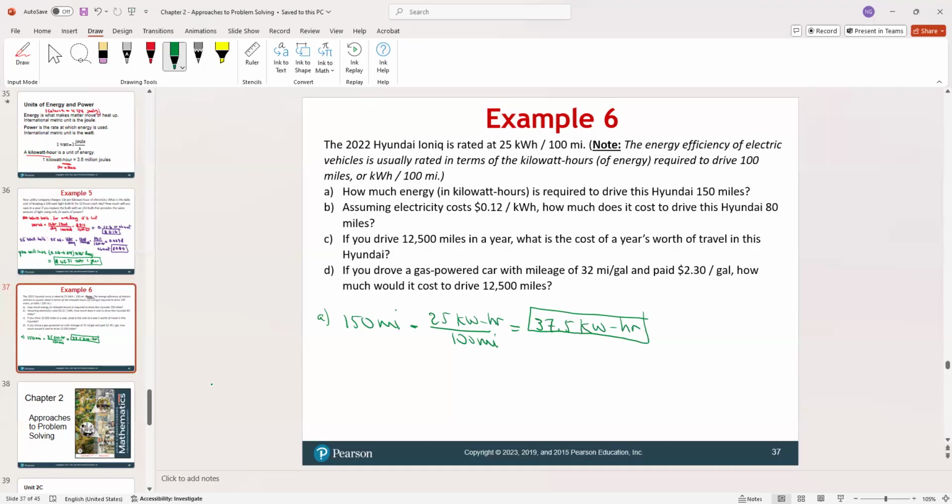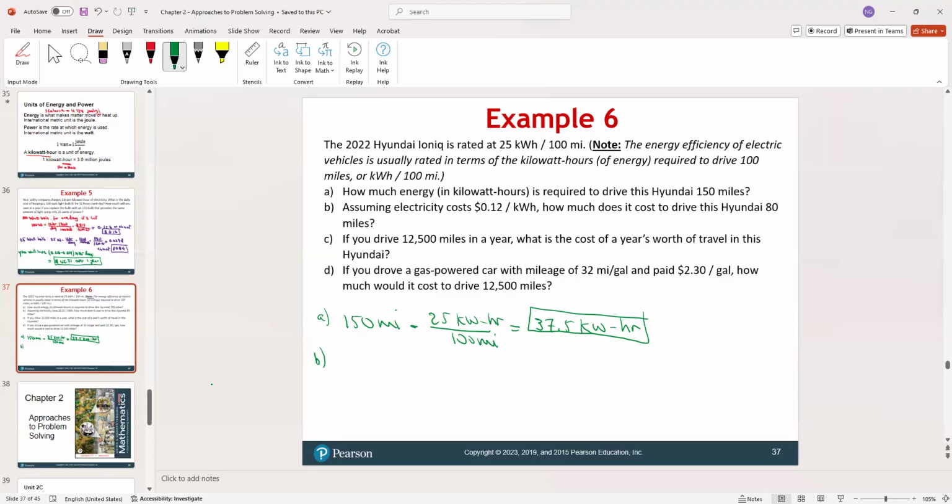And we can diversify the questions as we see. If you do 80 miles now, they give you a price because they said assuming electricity costs 12 cents per kilowatt hour, how much would it cost to drive 80 miles?